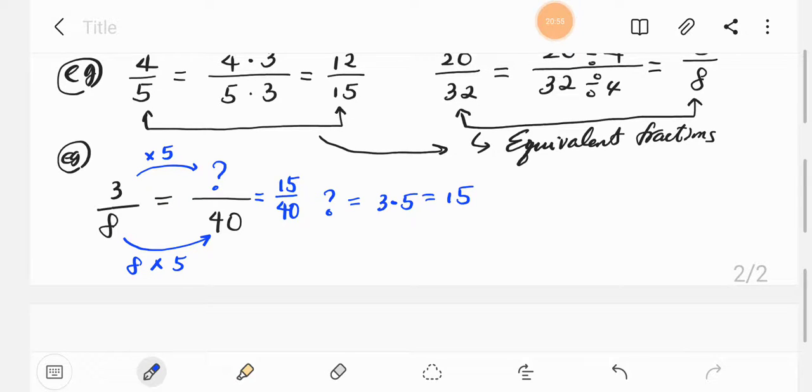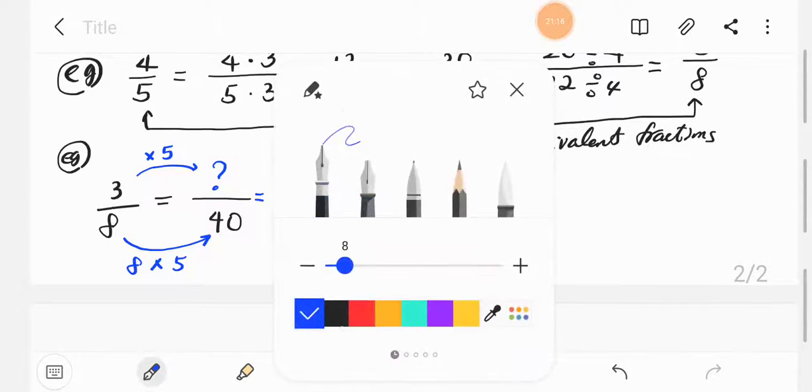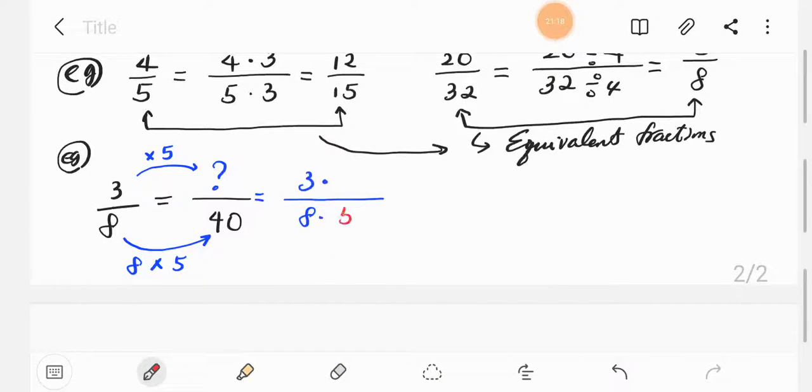Let me write it here again. 40 is 8 times 5, so I'm going to multiply both the numerator and the denominator by 5.